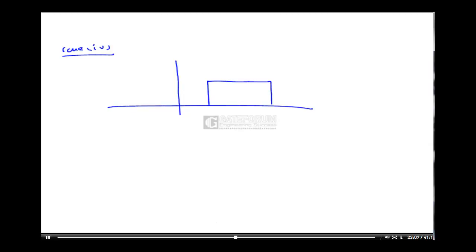Fourth case will be like this. Now this has started moving out from HT.